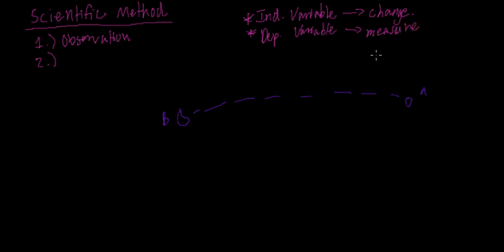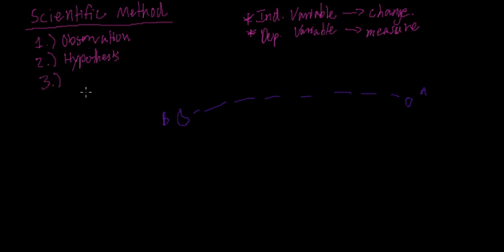You can see why these variables are named respectively for how they relate to each other. The dependent variable is measured because there's a change in the independent variable, which is why it's called dependent: it depends on whatever the independent variable is changing. So that is what a hypothesis is. It's an if-then statement that helps to describe a specific situation.